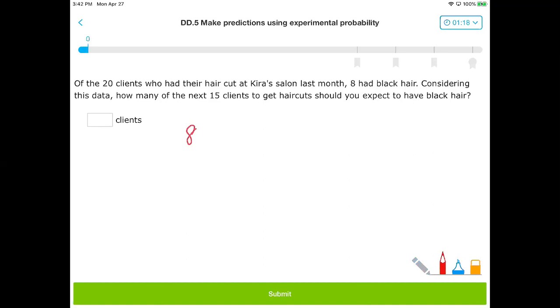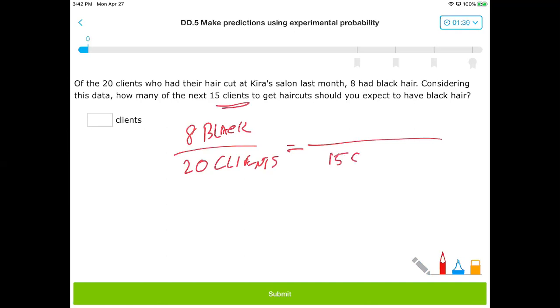So we had 8 clients who had black hair, and we had a total of 20 clients. Now we're going to set up a proportion, and we're going to say the next 15 clients, and we put it on the bottom. Clients go with clients. Now we want to figure out how many are going to have black hair.